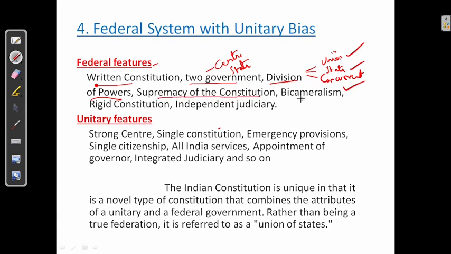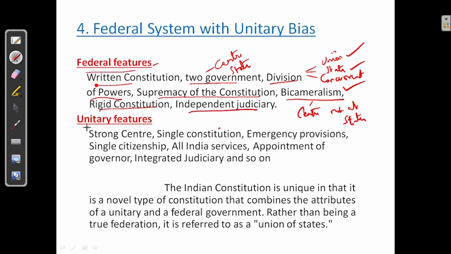Next, supremacy of the constitution. Bicameralism at center, not at state; all states don't have state legislative councils. Next, rigid constitution and independent judiciary.